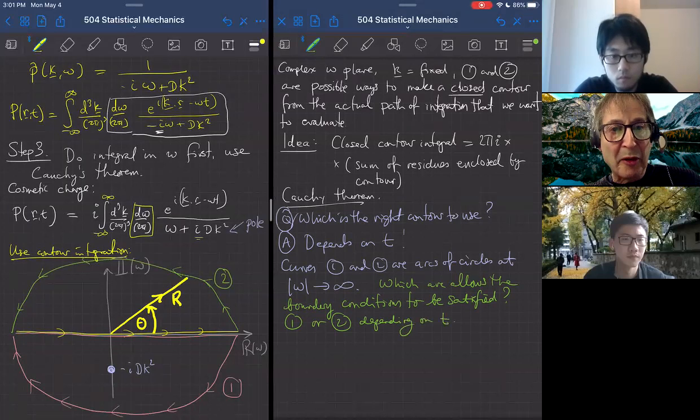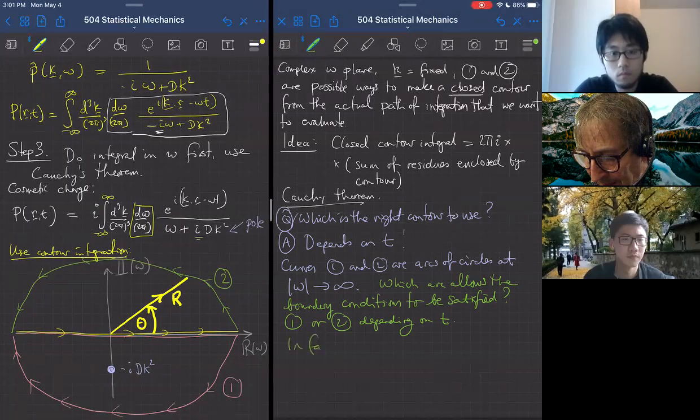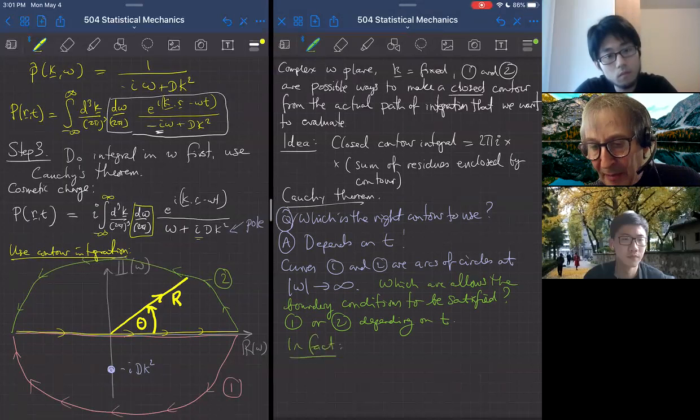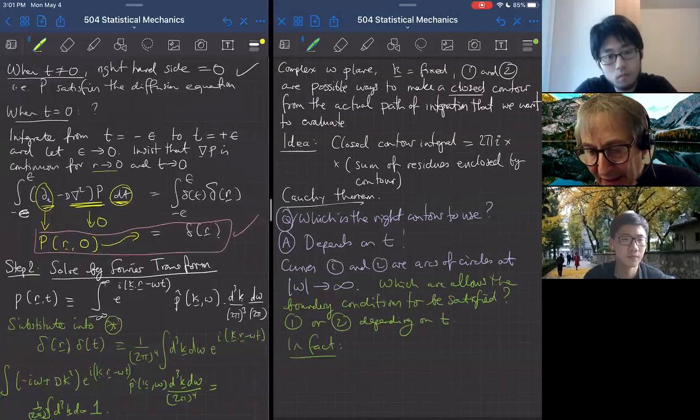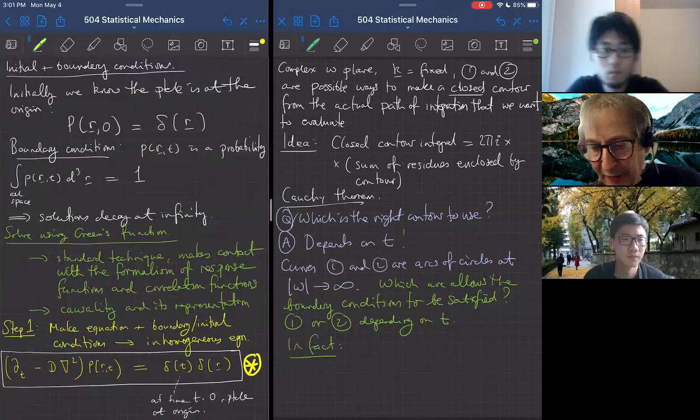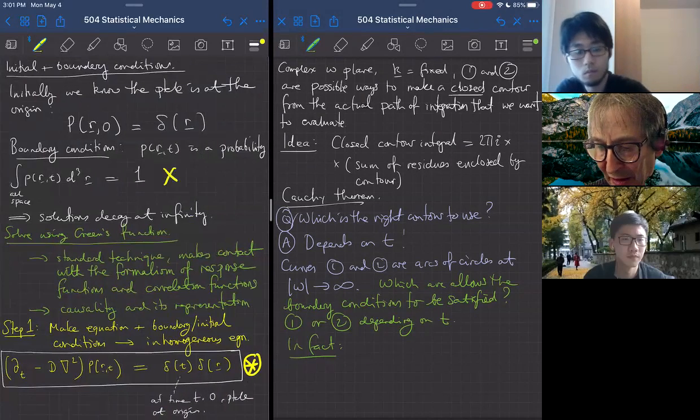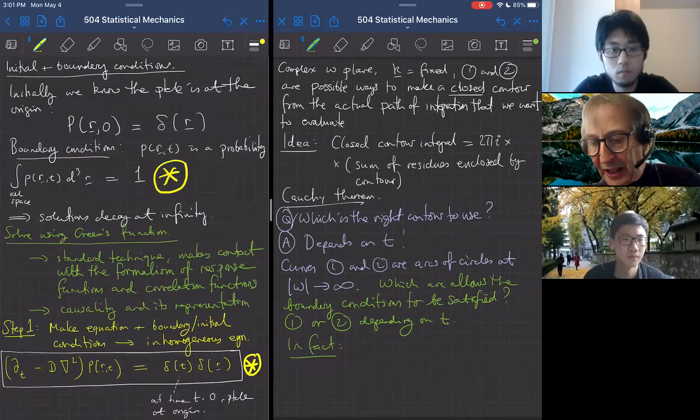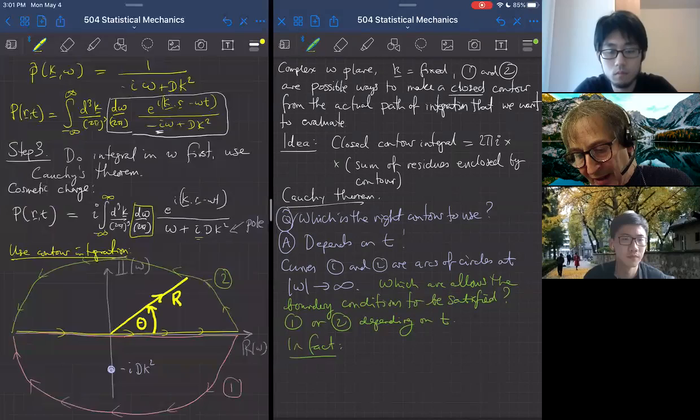And in particular, what we're going to see is that what we need, we don't know what the boundary condition is, but remember we had this criterion over here, back over here, that the boundary condition was that P is a probability and therefore is integrable. And so that's going to be the thing that we're going to need.